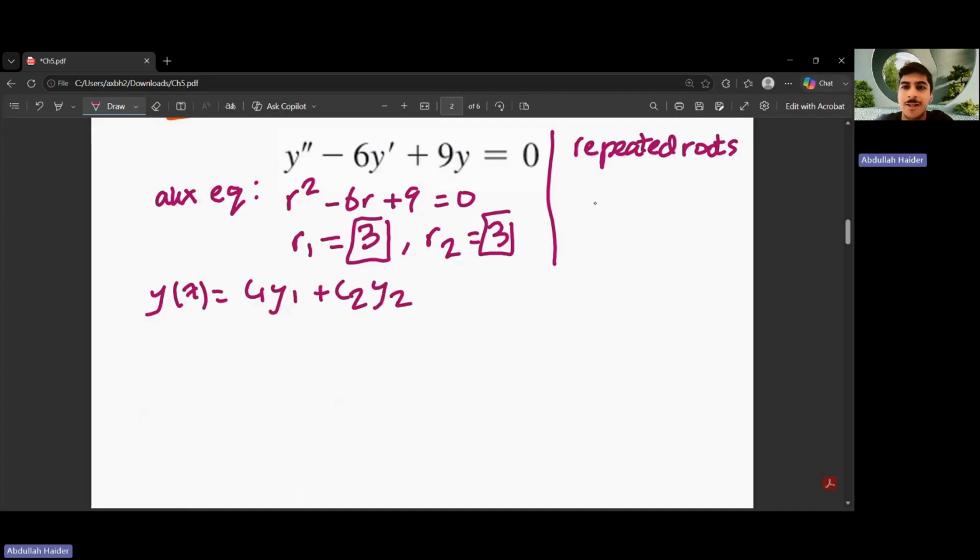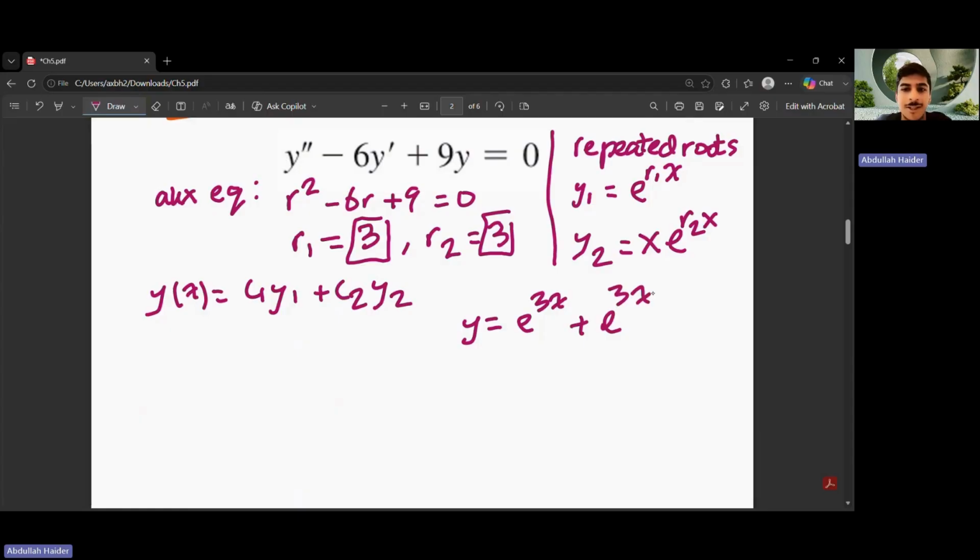So for repeated roots, we take y1 is equal to e power r1x, but y2 will now be x e power r2x, always. Why? Because we cannot have e power 3x plus e power 3x. That solution is dependent, as I said before.